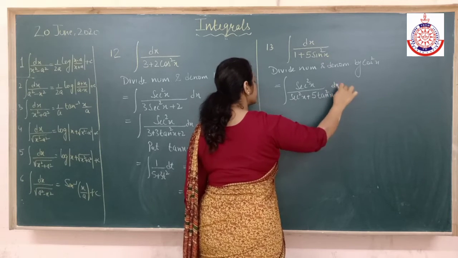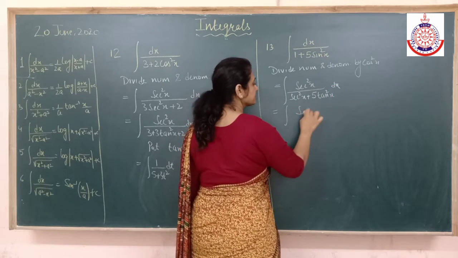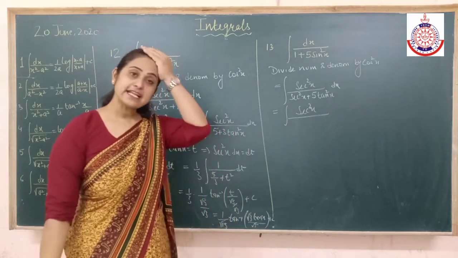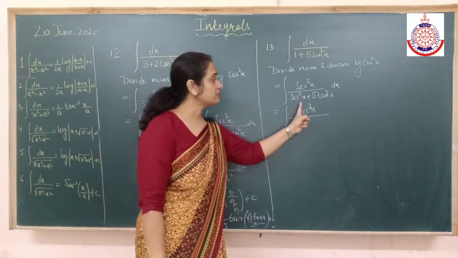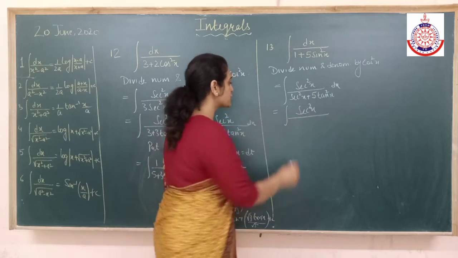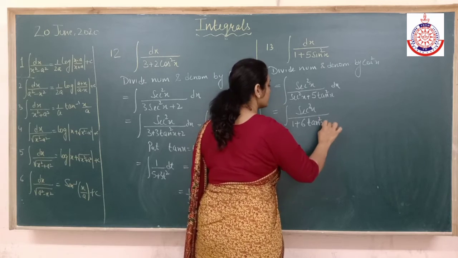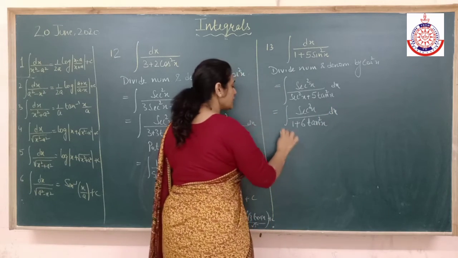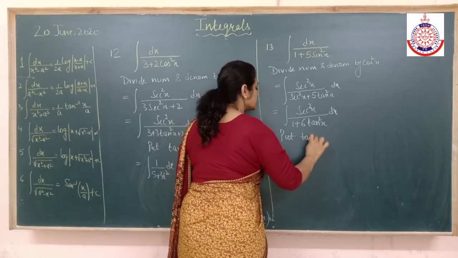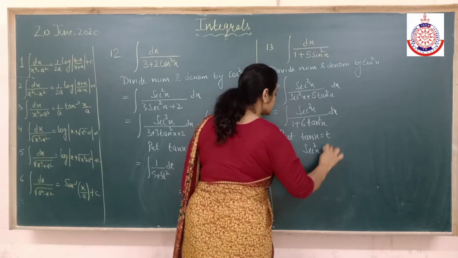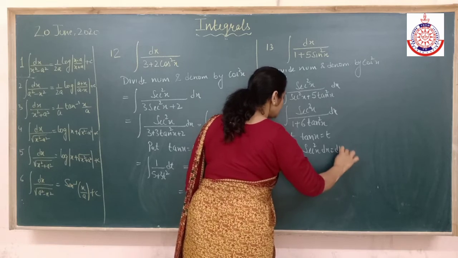I told you in the denominator I need only tan. So I will write this secant square as 1 plus tan square. 1 plus tan square plus 5 tan square, it will become 6 tan square. Now you are not such kids that I have to write this also. So same thing, put tan x is equal to t, secant square x dx is equal to dt.